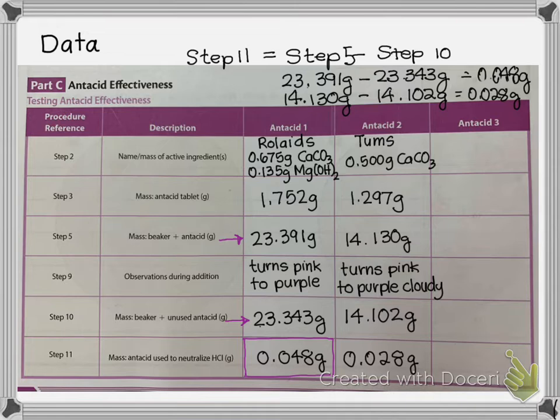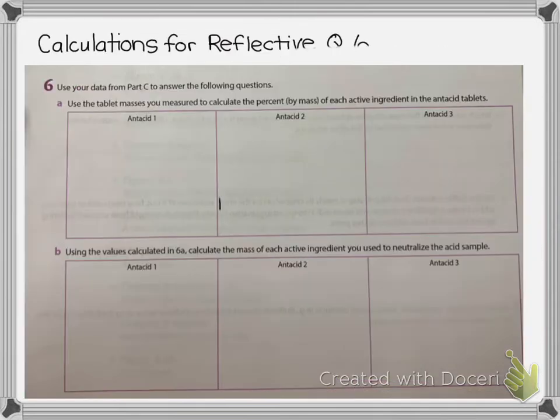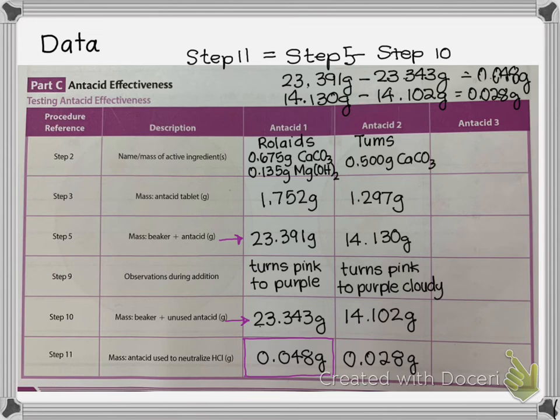Now let's look at question 6 to see how we use this data from this data table in part C to answer question 6, A and B. So for A, it says use the tablet masses you measured to calculate the percent by mass of each active ingredient in the antacid table. Okay, so what we're going to need to do, I'll try to use a highlighter.